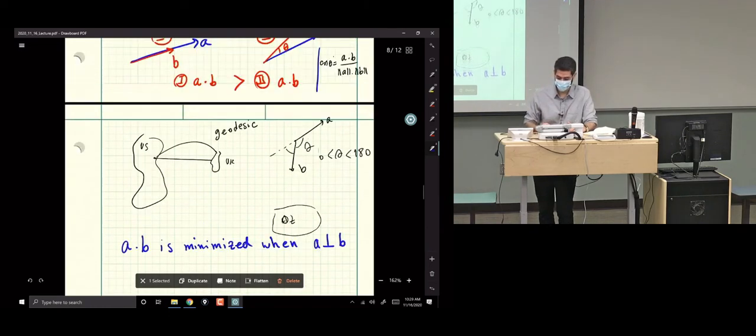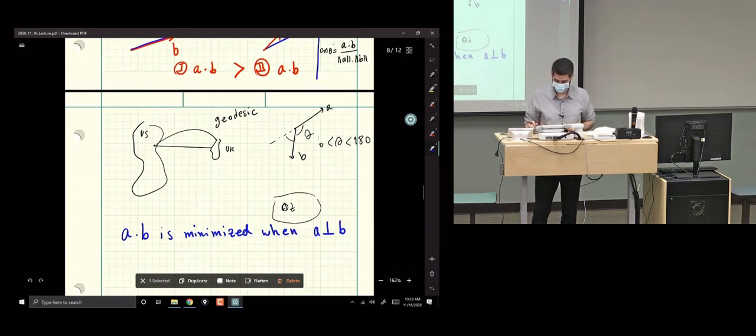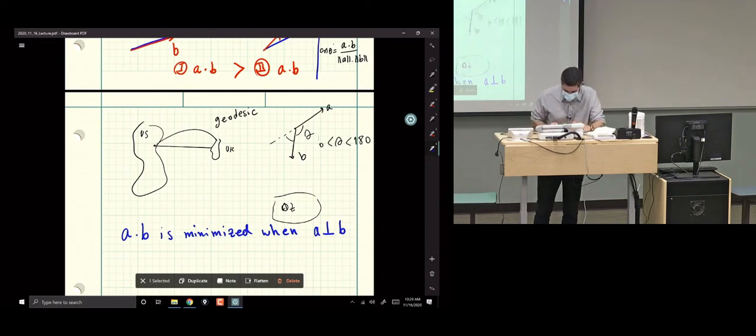Because the only way the angle can be 90 degrees is when its cosine is 0, okay? So the dot product should give us 0. So it's minimized, it's just, so the angle is minimized. That's the correct way to say it. Let me correct this.